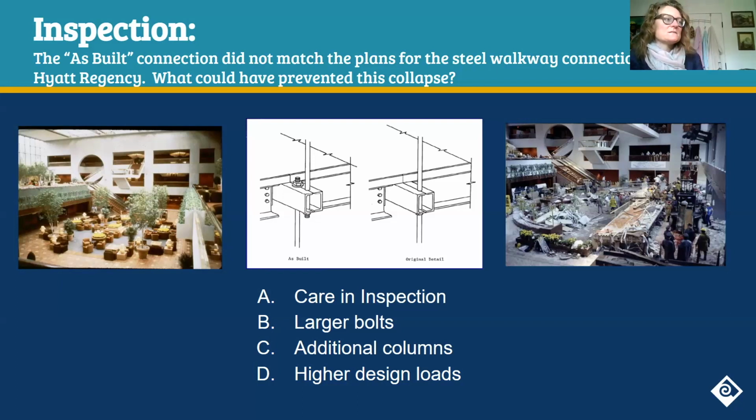In the middle, the as-built detail versus the original detail, there's something in there that doesn't match. Looking at that, thinking about why that collapse happened, what could have been done to prevent this collapse?